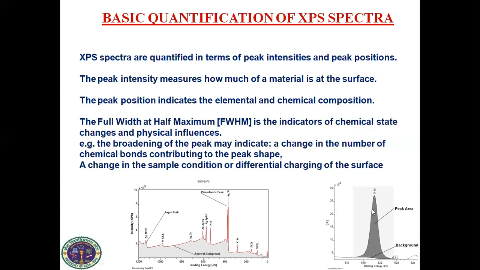You can see in the rightmost bottom corner a spectrum where peak area is only classified after subtracting the background. That background we need to initially subtract from the XPS spectrum for every peak, and then after removing this noise, we can use peak area to quantify the elemental composition as well as other information.